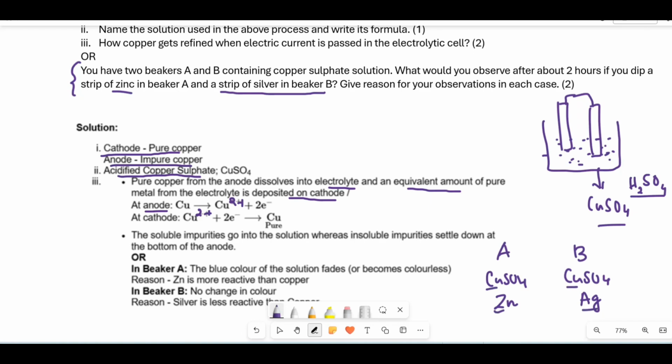That is the question. As you know, copper sulfate is blue in color. When you add zinc to copper sulfate, zinc is more reactive than copper. Zinc will displace copper from copper sulfate and the solution becomes zinc sulfate. So the blue color will change.